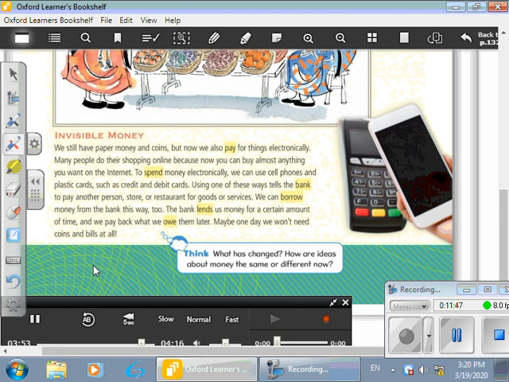Using one of these ways tells the bank to pay another person, store, or restaurant for goods or services. We can borrow money from the bank this way too. The bank lends us money for a certain amount of time, and we pay back what we owe them later. Maybe one day we won't need coins and bills at all.